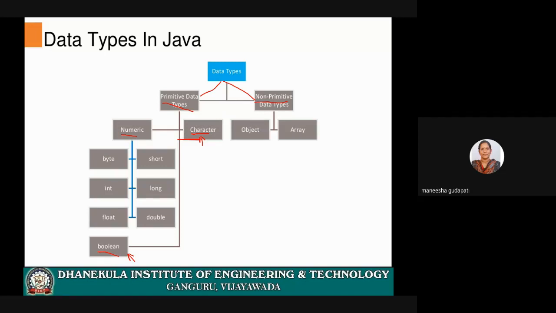Now coming to numerical data type, here we have 6 subtypes. What are they? The first one is byte, then short, int, long, float and double. The data types you are seeing here are the same as in C. Next, in non-primitive data types, we have objects, arrays.